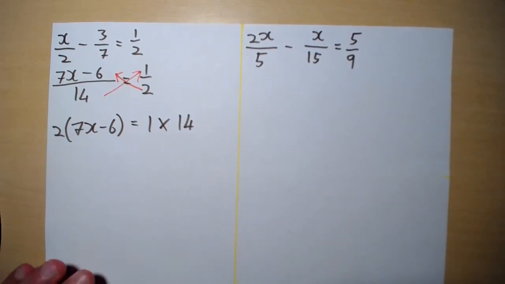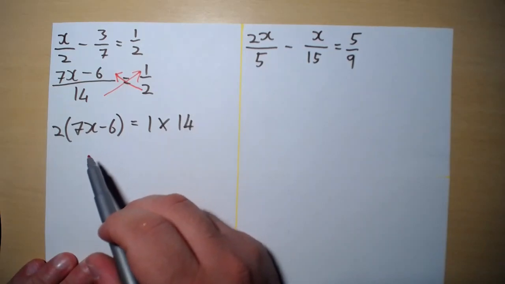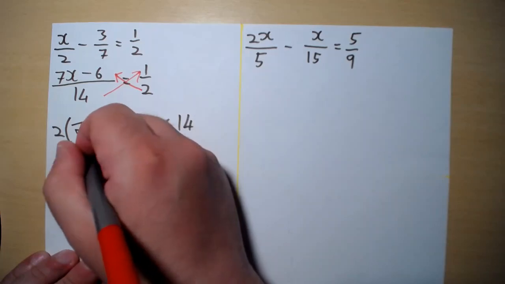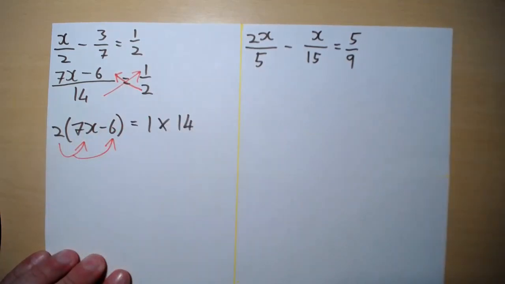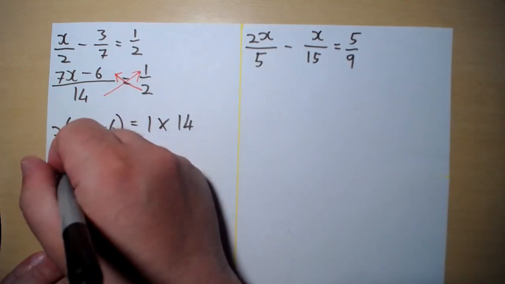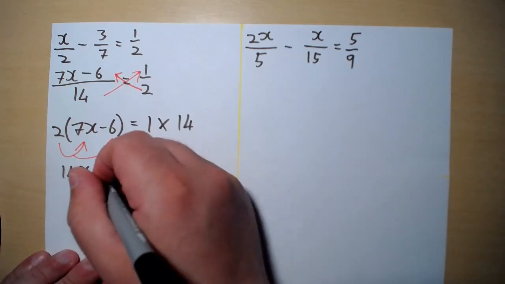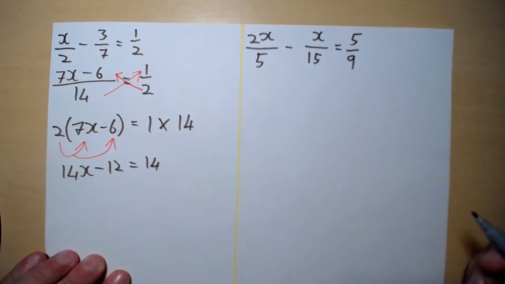I am going to expand this bracket to get 7x times 2 and 2 times minus 6. So we will get 14x minus 12 equals 14.